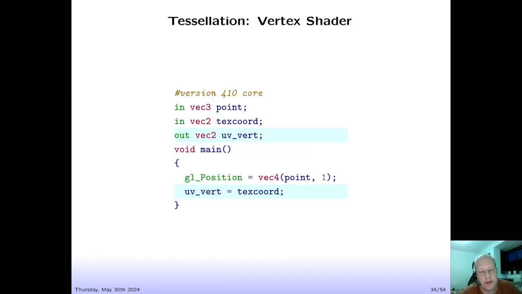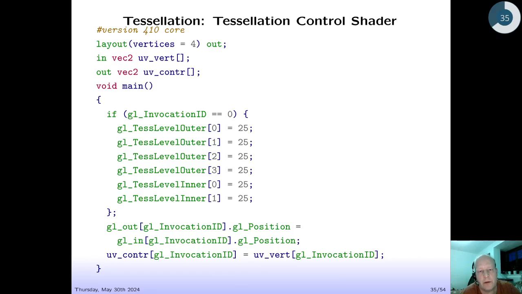In our vertex shader, I just renamed UV to UV_vert to distinguish it from other variables, and I assign it the texture coordinate as before. The tessellation control shader takes as input 4 vertices.